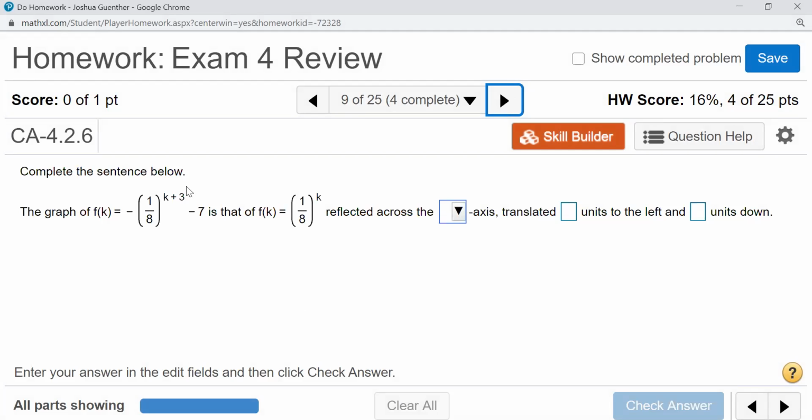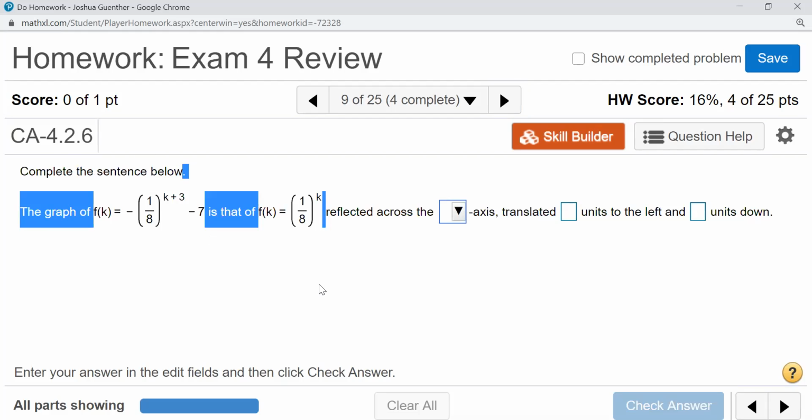So we'll look at this one real quick. The graph of f of k equals negative 1/8 raised to the k plus 3, minus 7. This is just a transformations question, which really goes back to chapter 2. And so we don't really care that it's an exponential. Just look at what's going on. You're adding 3 directly in with the variable.